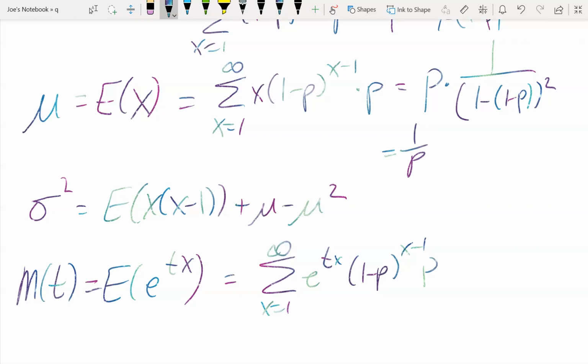Your first page of your next exam is going to be that front cover, left side. You need to fill in blanks. E to the tX is the definition of the moment generator. You need to know the definition, because if I ask you to find a moment generating function using the definition, you're going to have to do it.